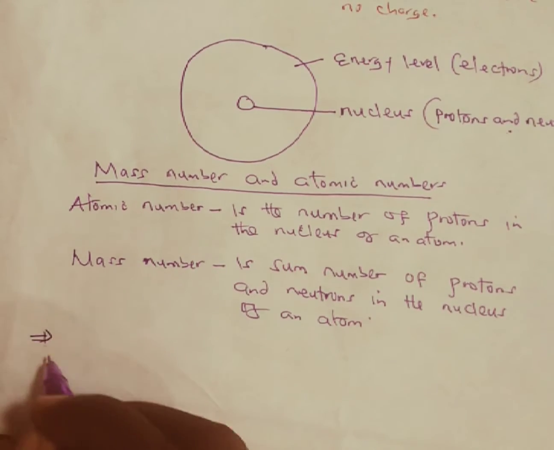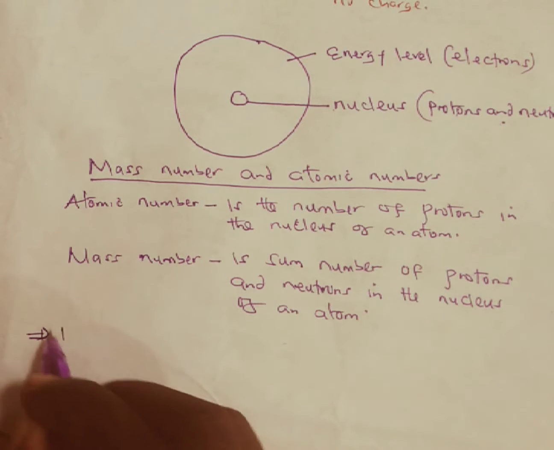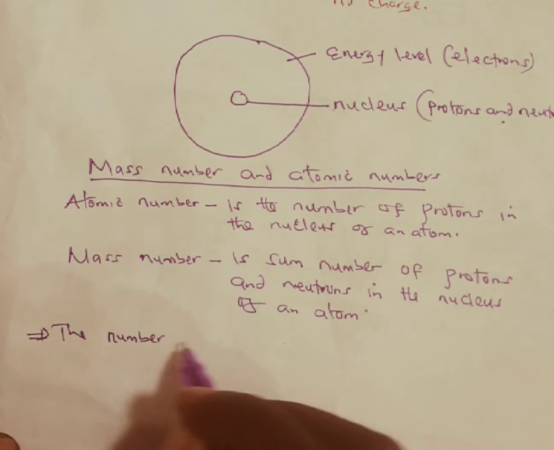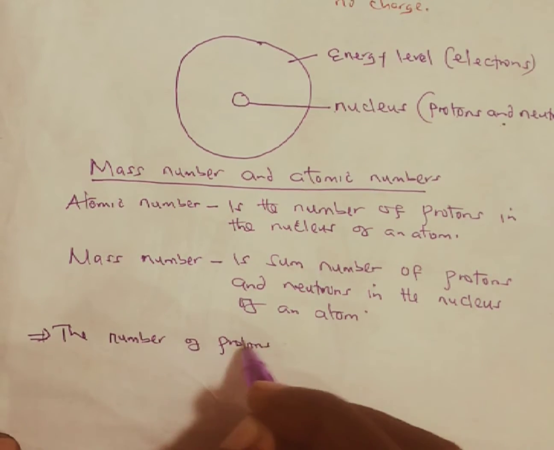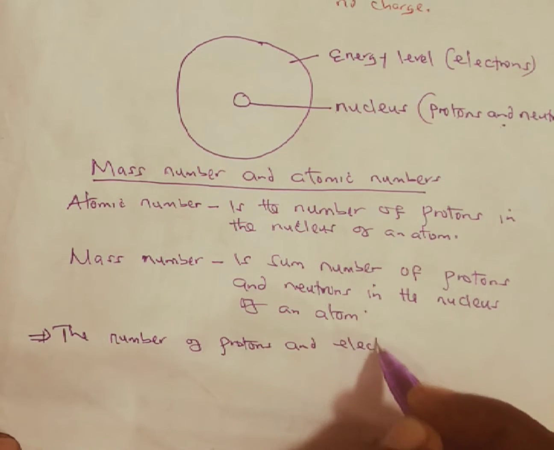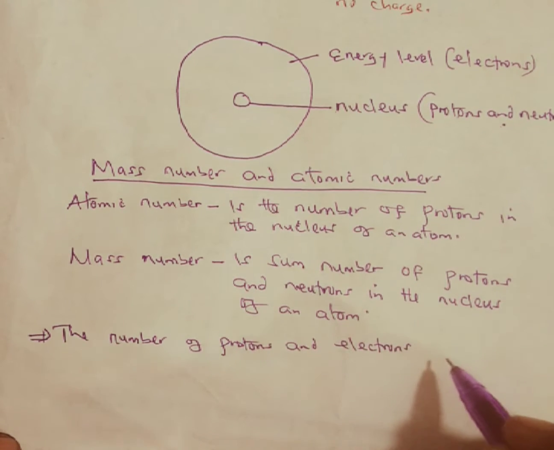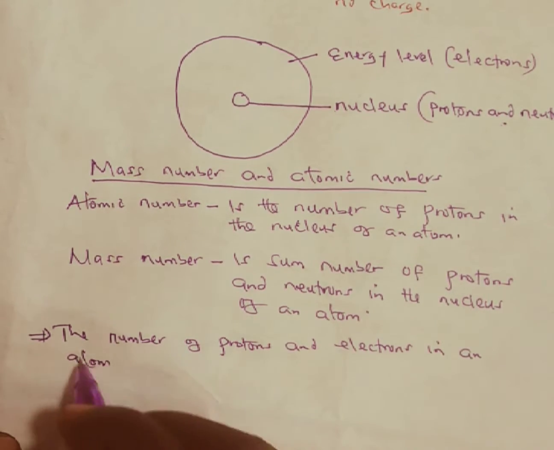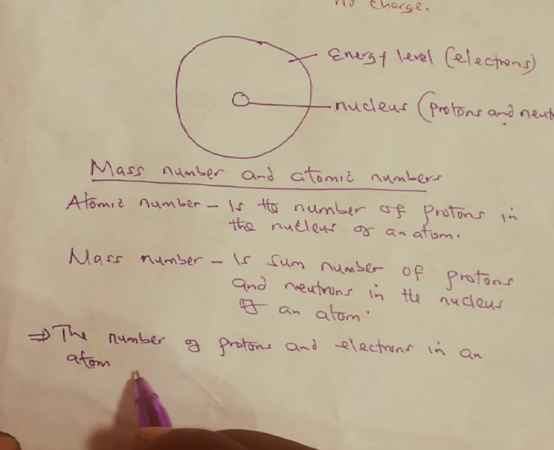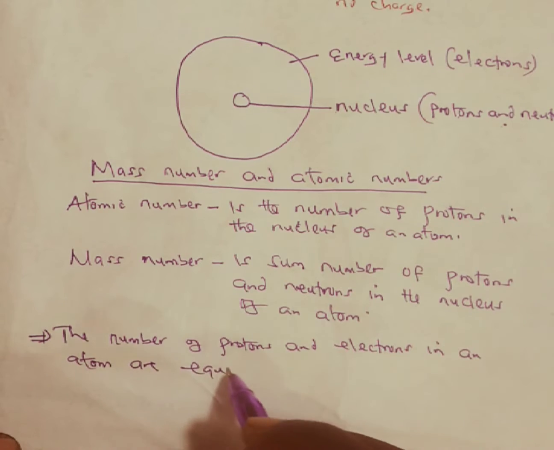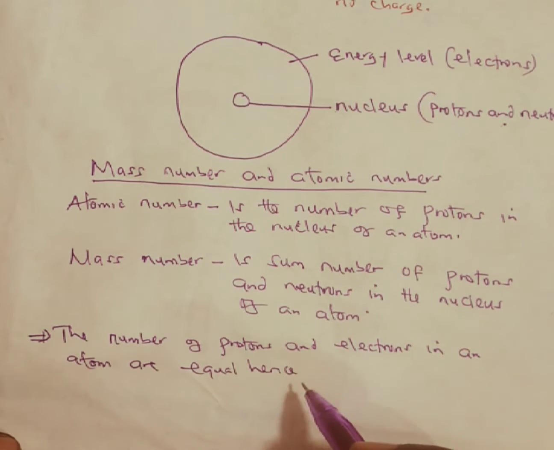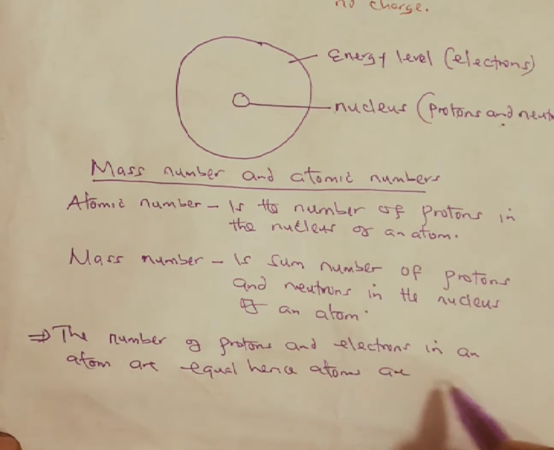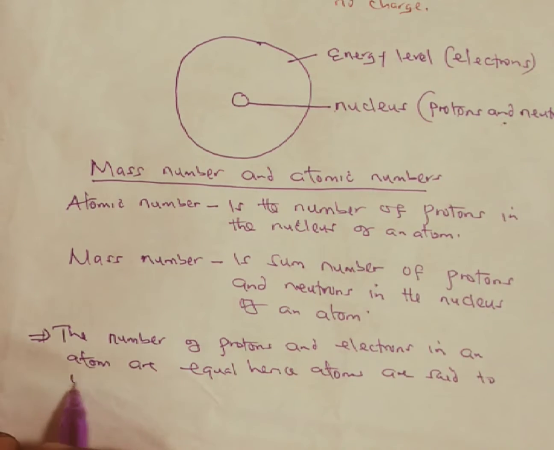So we can say that the number of protons and electrons in an atom are equal, hence atoms are said to be electrically neutral.